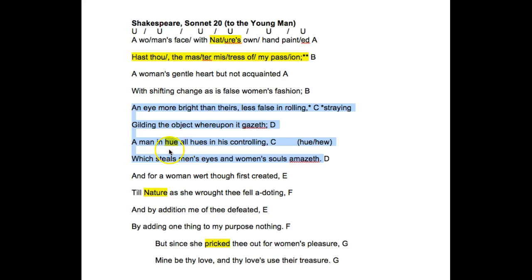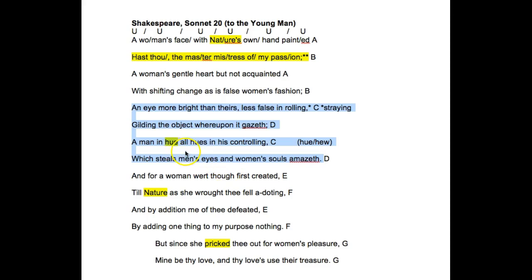So he has the aspect of a man in hue, and all hues in his controlling, suggesting that he controls all hues, so all aspects. And this is kind of reinforced in the next line, which steals men's eyes and women's souls amazeth. So he's attractive to both men and women.